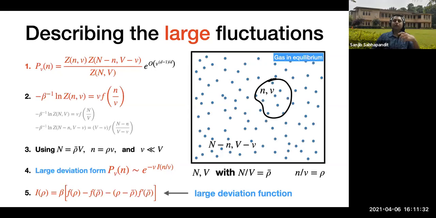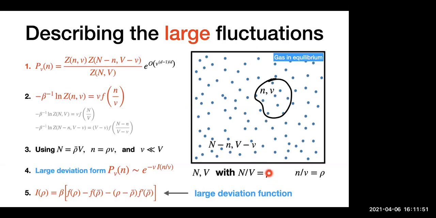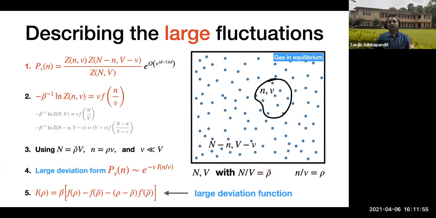No, it can simply be a function with a prefactor which is just 1 over volume. We'll see that. This rho bar has a dimension of 1 over volume, right? So it can be like rho bar times a function of n by v, basically.